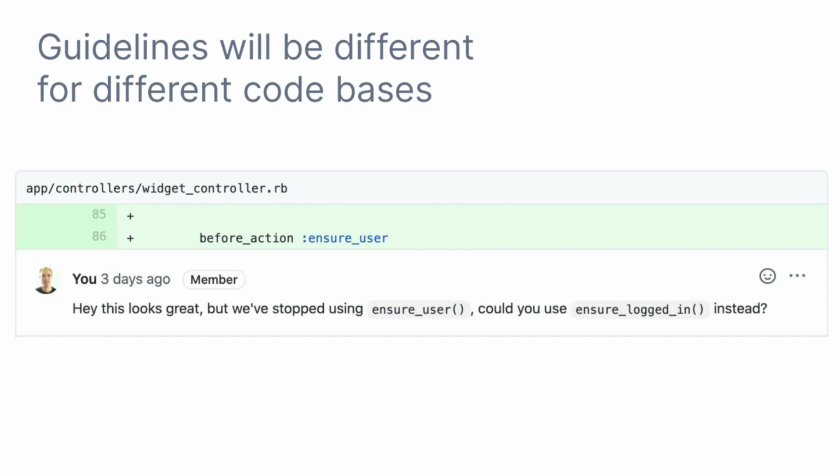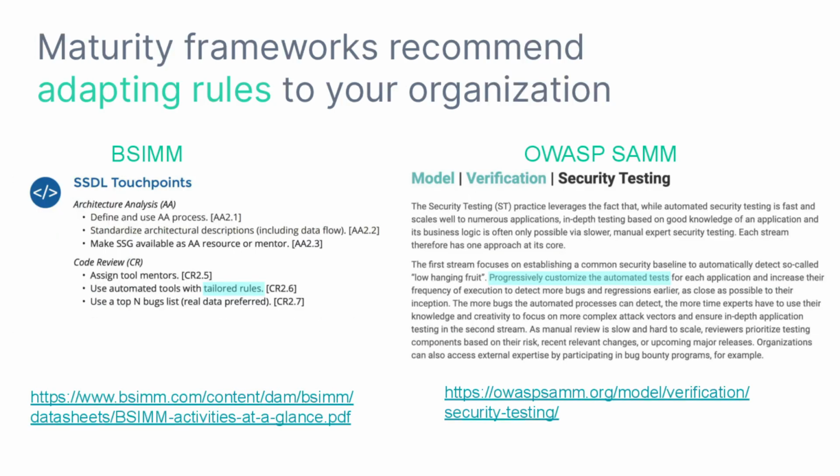So you should really adapt whatever guidelines and rules you want in your code base to be more specific, so that it's more concrete feedback for your developers. That's the motivation behind customizing your guidelines.